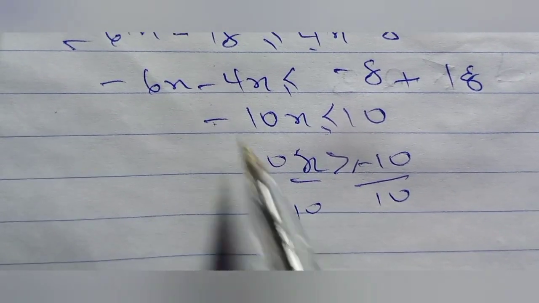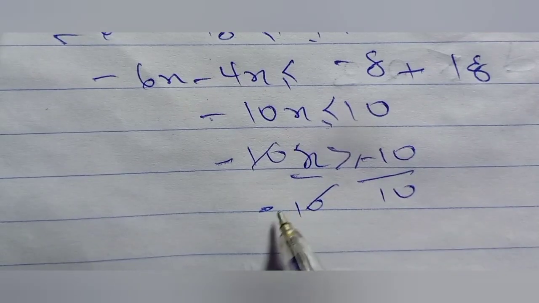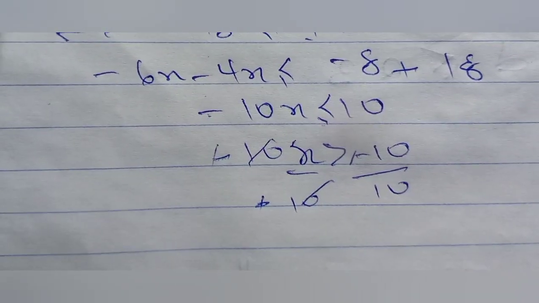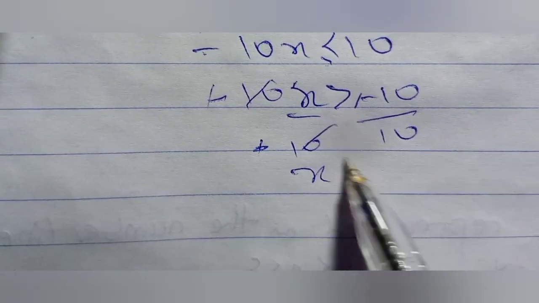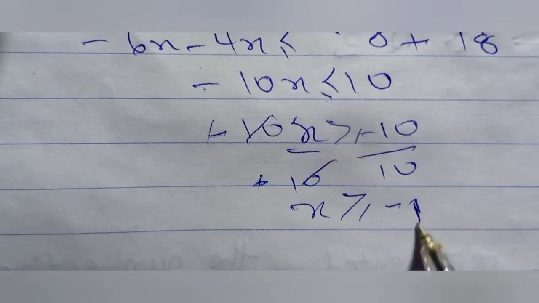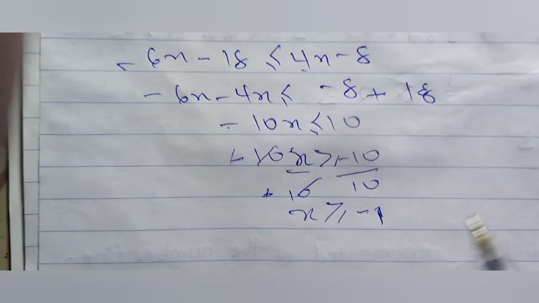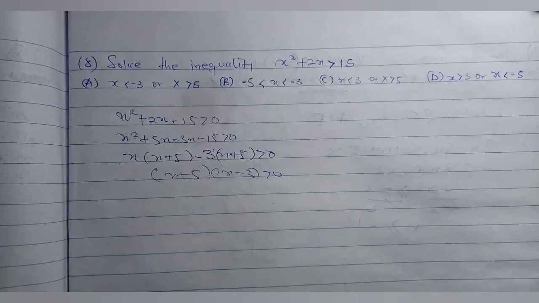This cancels this. So we have x is greater than or equal to negative 1, which is correct. So from this, our solution here is option B, which is very good. This is very, very easy. Option B is the correct one. Now, solving question 8.